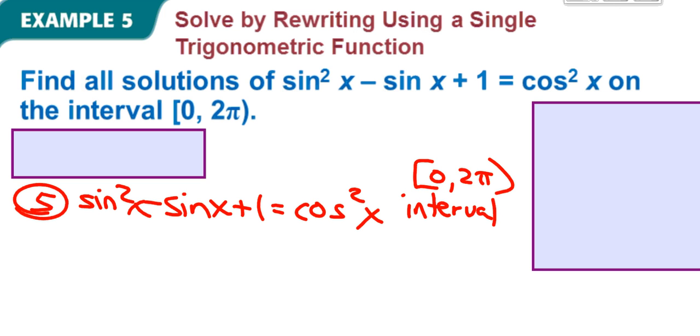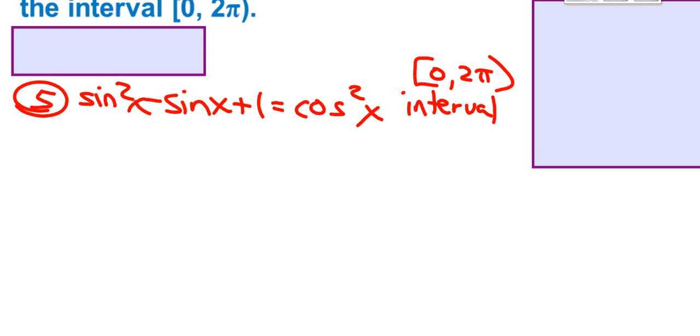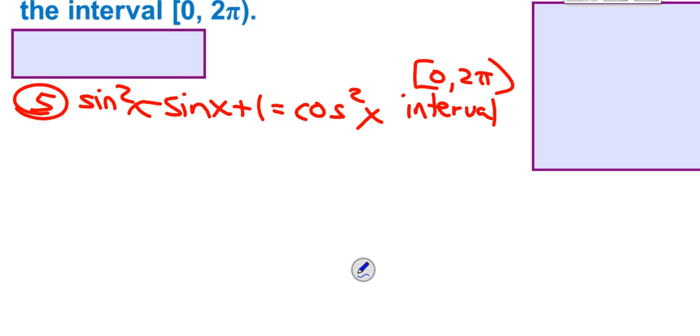So the first thing I would do in this particular one is get one side equal to 0, and then I either want to change it all into sines or all into cosines. So the first thing we're going to do is just subtract cosine squared. Do I need to write that under here, or can I just rewrite it writing minus cosine squared equals 0? Are you good with that?